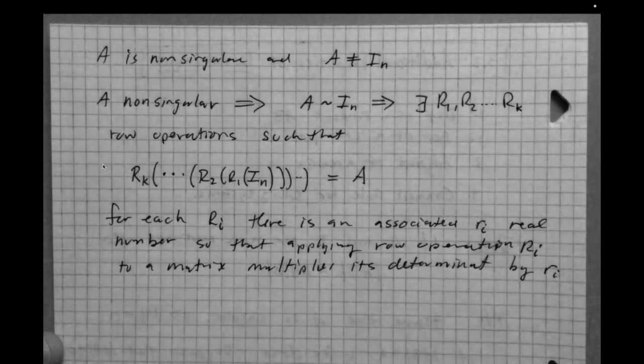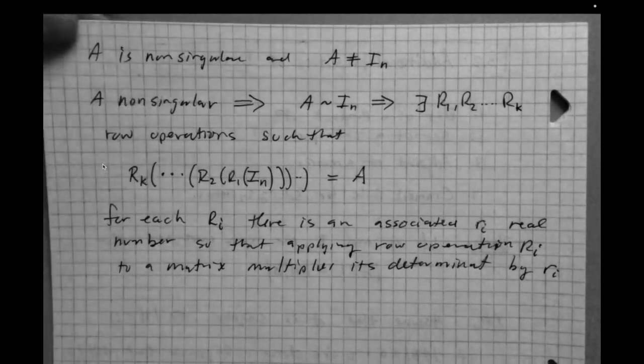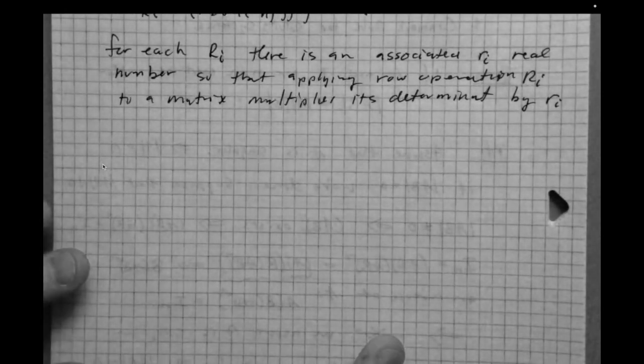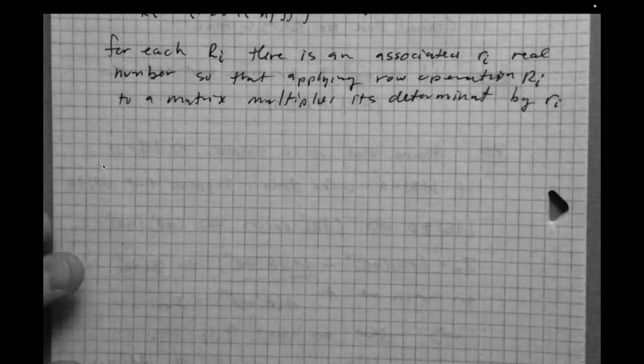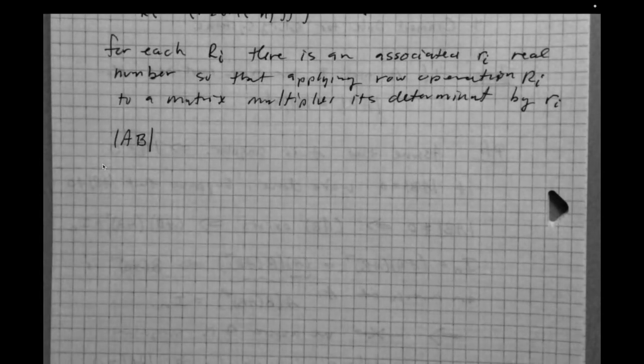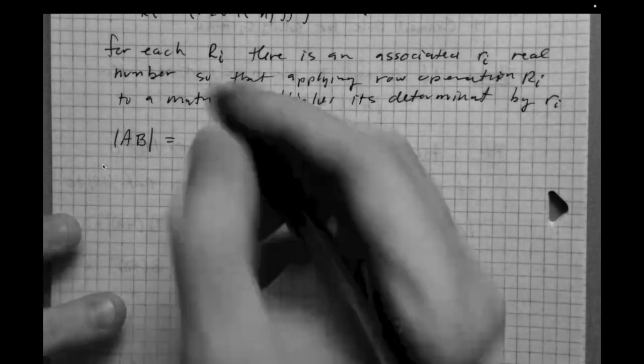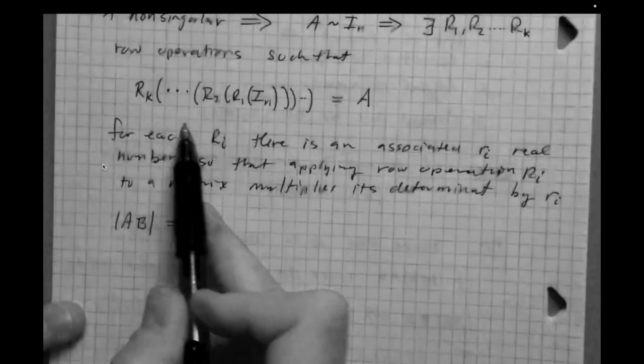Okay, so if this is the case, then I'm going to use that to figure out what the determinant of AB is. So if I start with AB, we just showed that this A can be written as a nested series of row operations on the identity matrix. So let's replace A with this right here.